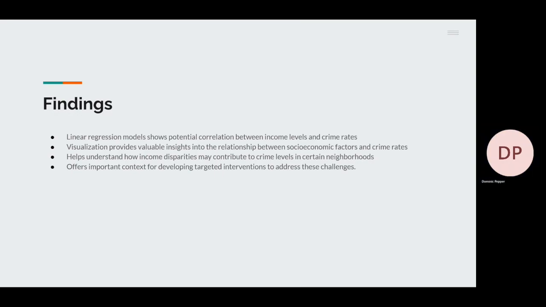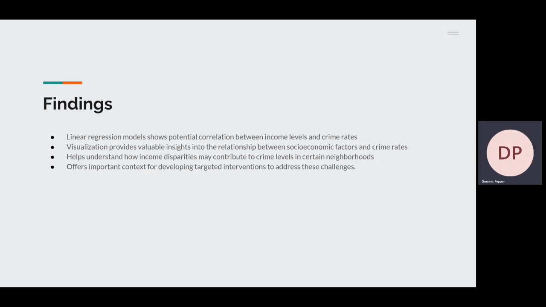Next, we have our findings. So, in summary, through our linear regression models, we have shown that there is potential correlation between income levels and crime rates. And through our visualizations, we were able to provide intuitive insights into the relationship between socioeconomic factors and crime rates.